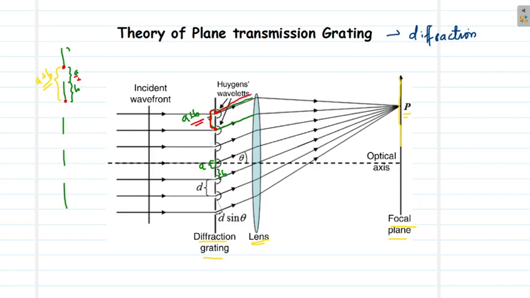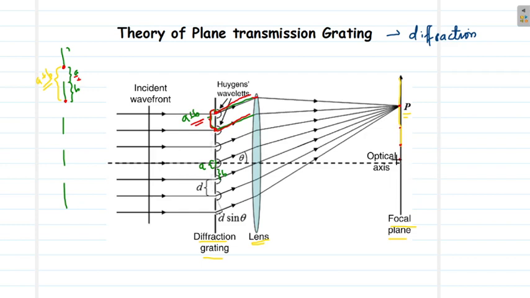Now these waves will follow this path, then after falling onto the lens, they will be focused. They can follow any path. From there, in fact, wavelets are being produced, and depending on various positions on the screen, they will meet up constructively or destructively.